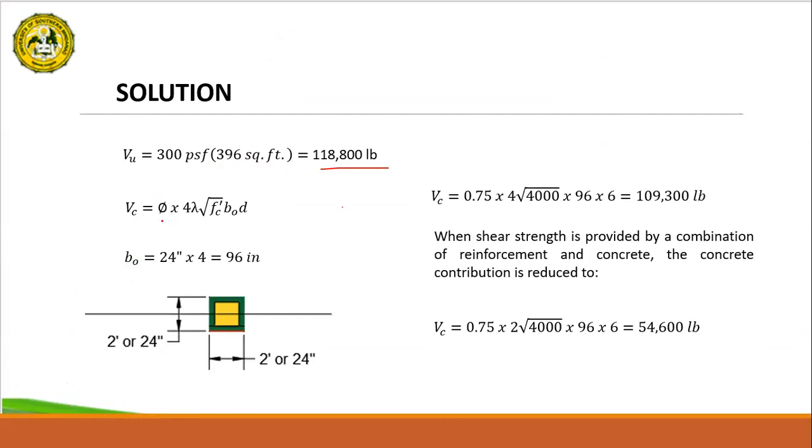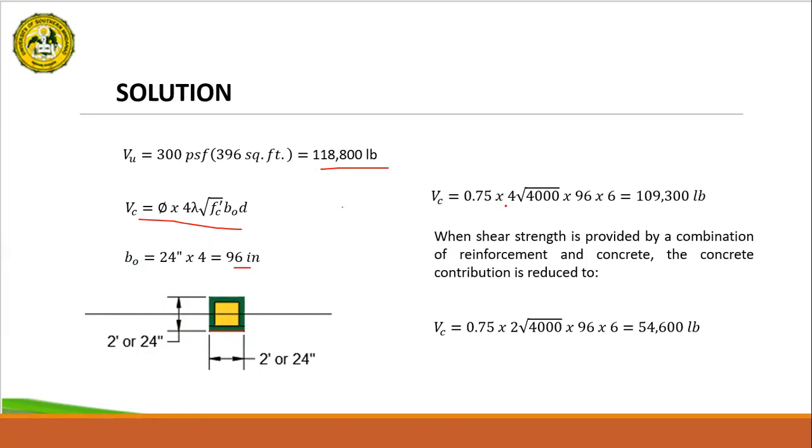Then computing for the VC, so we will just substitute the values, no, for BO. So we have BO. So 2 feet kanina yung BO natin, which is also 24 inches. So kukunin lang natin yung value ng ating perimeter in inches unit, no? So 24 inches since 4 sides yan, so times 4 is 96 inches.